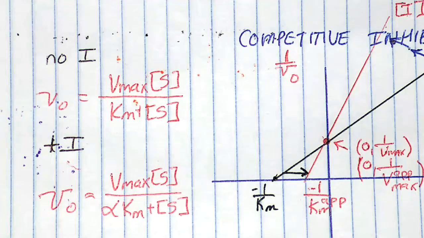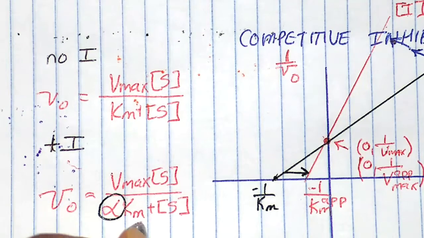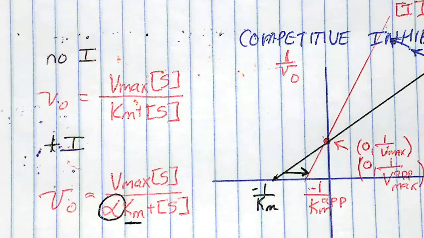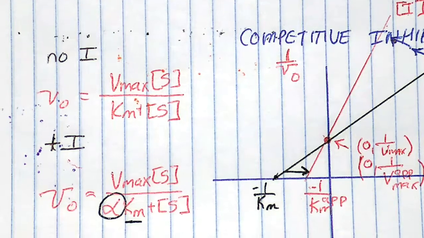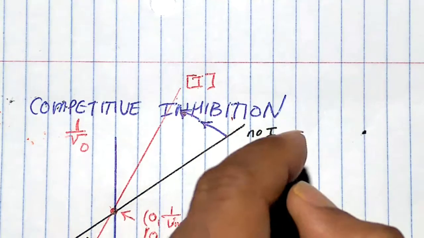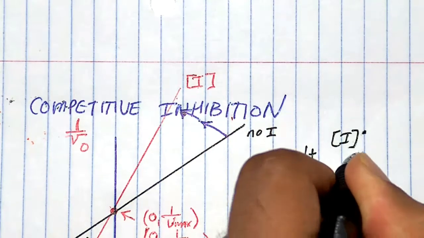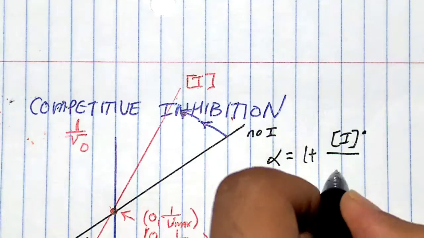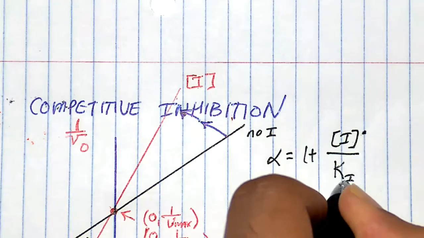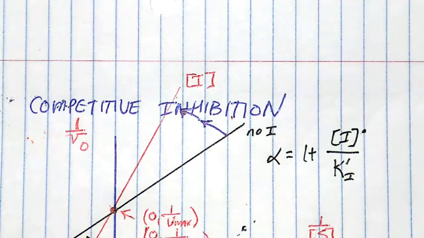So now we have a modulator known as alpha that modulates your Km. So this alpha will actually equal 1 plus the concentration of the inhibitor divided by the dissociation constant Ki prime. All right.